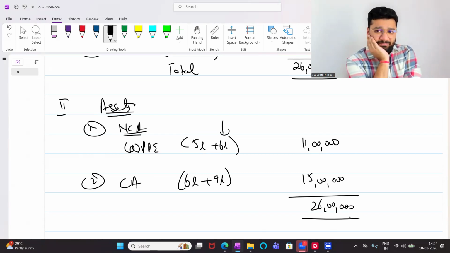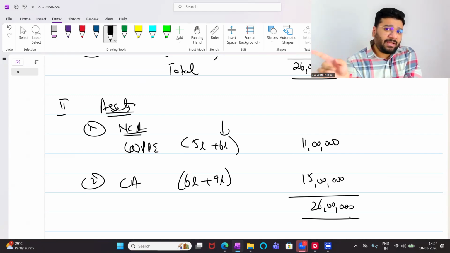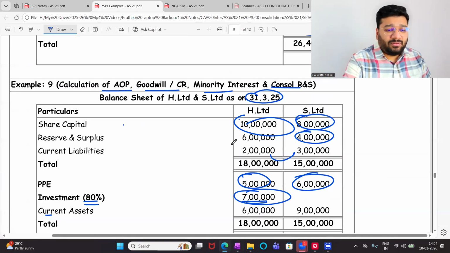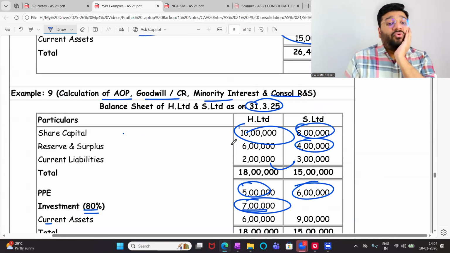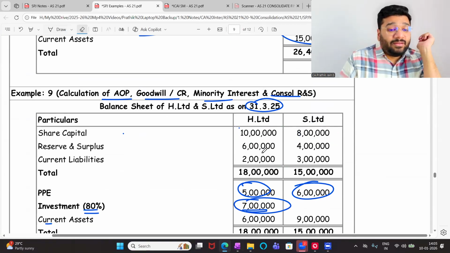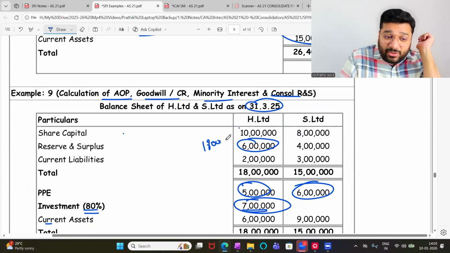Come again from the beginning. The date of acquisition balance sheet, we are now paying 1 lakh 80,000 less, so on that same day you will record it, and then the balance will come to the balance sheet, right? Where is it shown, sir? In the balance sheet 6 lakh is there, so the capital reserve will be included in it, since 1 year has passed. Oh, like that you are coming now. What people are saying is that in this 6 lakh that 180 capital reserve is included, donkey fellow.